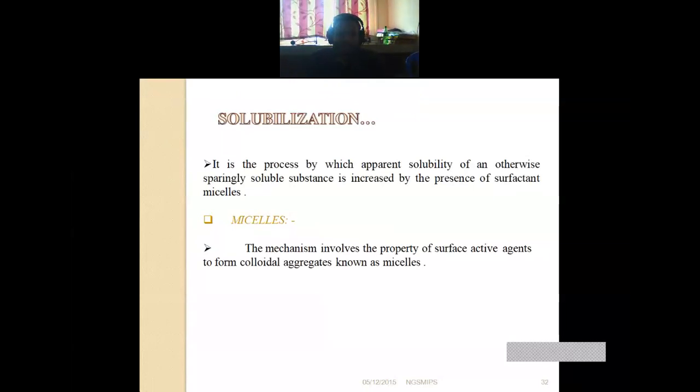So solubilization is the process by which the apparent solubility of an otherwise sparingly soluble substance is increased by the presence of surfactant micelles. That means, what is the procedure for solubilization? Those are poorly soluble. What do you understand by poorly soluble?